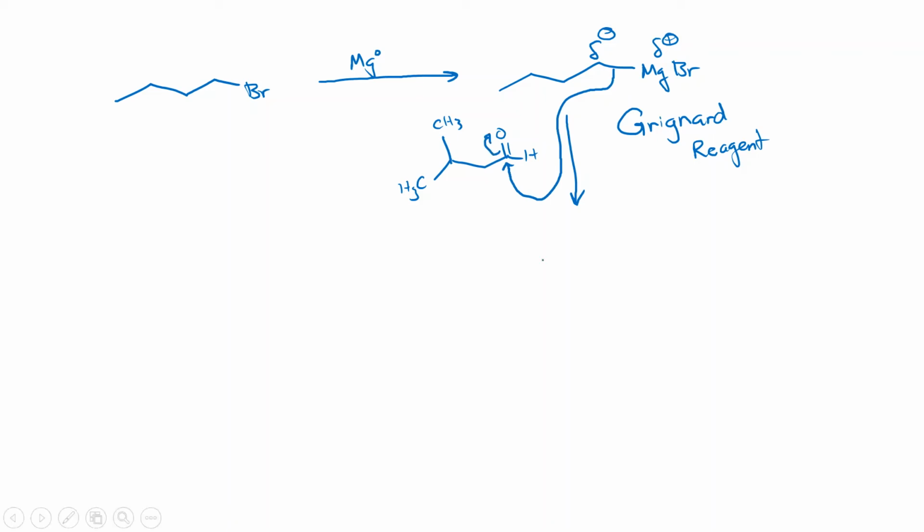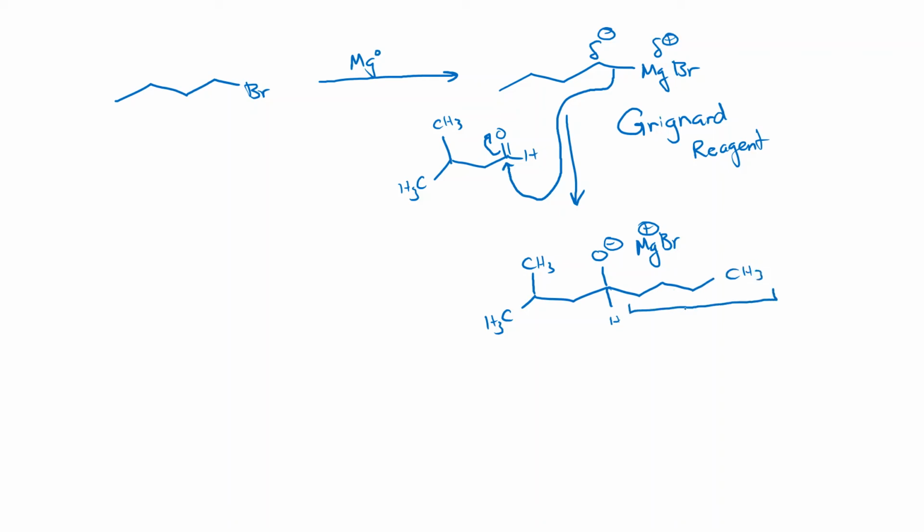We're going to break the carbon-oxygen pi bond. We're going to push those electrons to the oxygen and make a lone pair there. And we're going to get O minus, magnesium plus, and our hydrogen is still there, but now we added 4 carbons, 1, 2, 3, 4. Okay. So all of this stuff gets added on.